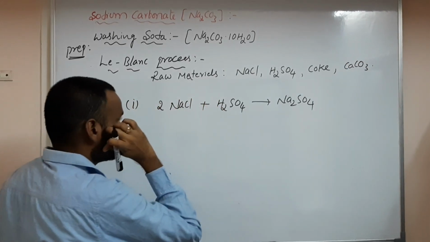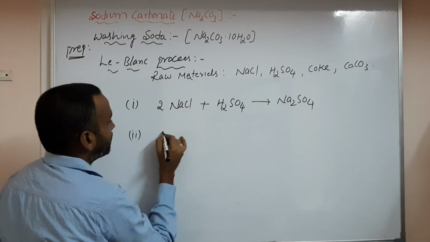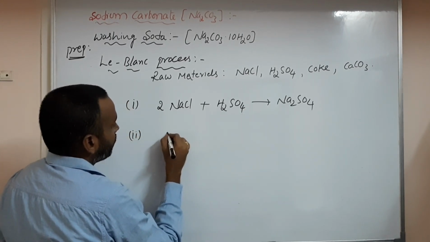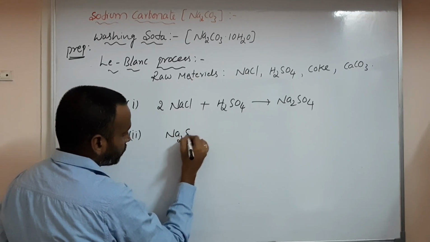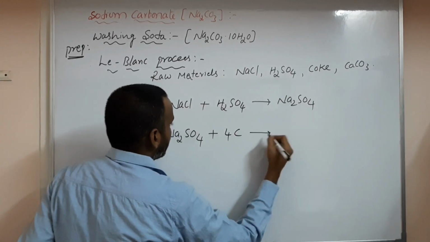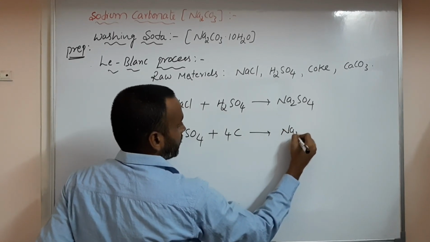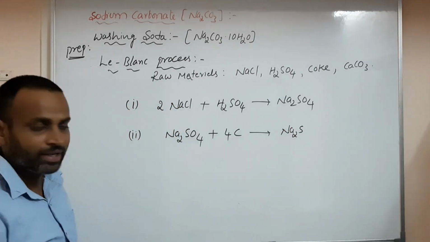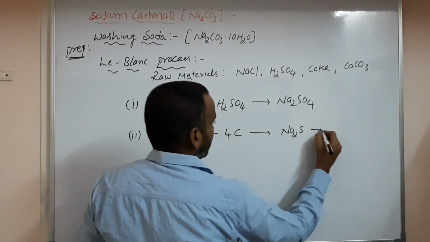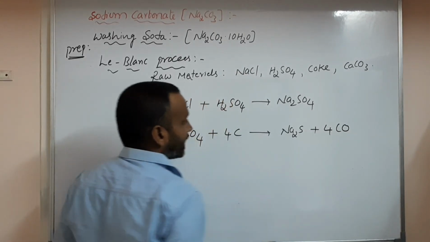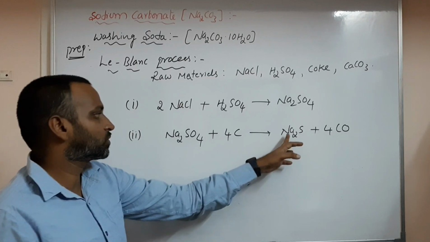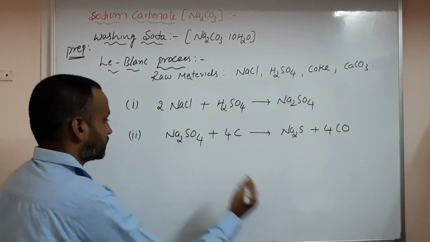So let's see what happened now. This NaCl will react with H2SO4 and forms Na2SO4. Na2SO4 will react with the coke, then you will get Na2S, sodium sulfide, and carbon monoxide.